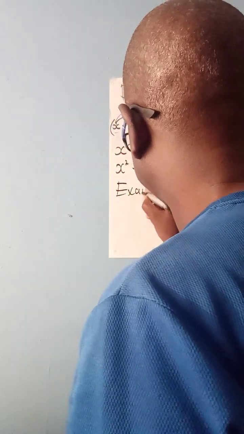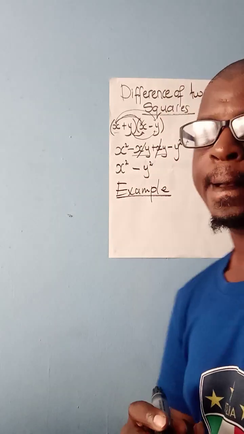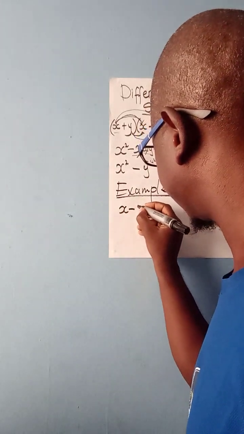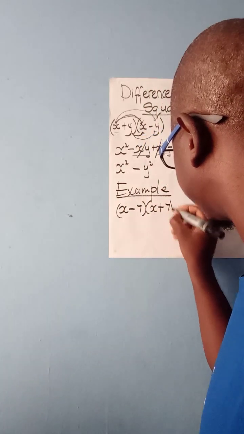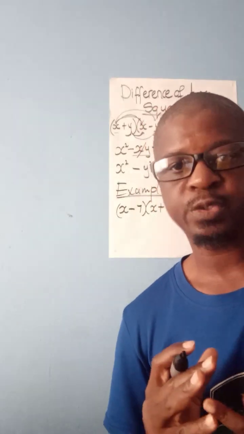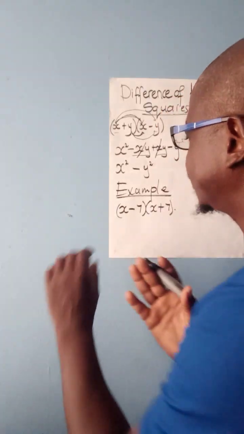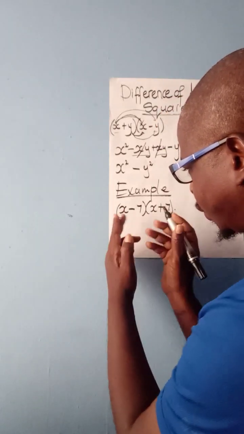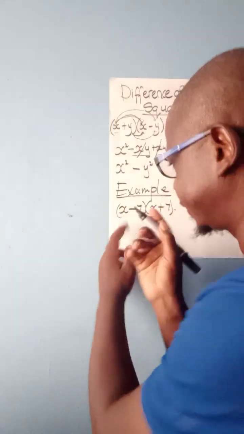Example, let's call this one example 1. In example 1, let's say we have x minus 7 and x plus 7. Difference of two squares. So initially what I'm going to have to do here is to use the shortcut method. Like I said, if this is a difference of two squares, it means the first term has to be squared.